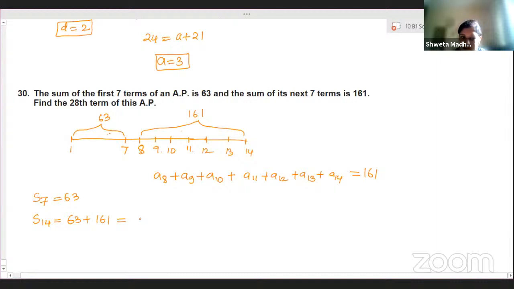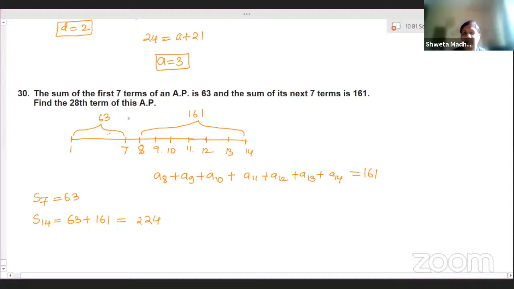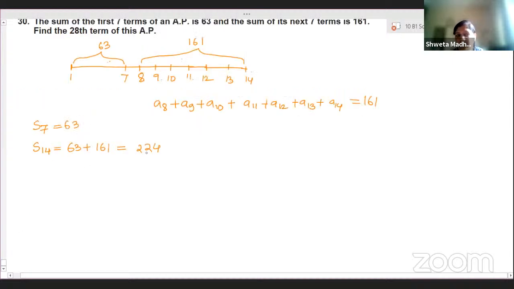Is it clear? This is 224. Because till 7, the sum is 63. After 7, from 8th term to 14th term, sum is 161. So if we add 63 and 161, we will get the sum of first 14 terms. So we got sum of 7 terms is 63 and sum of 14 terms is 224.